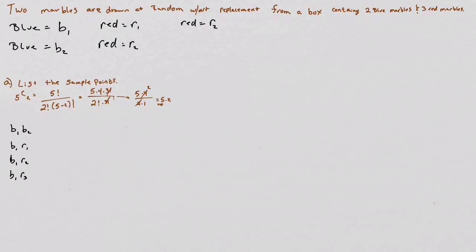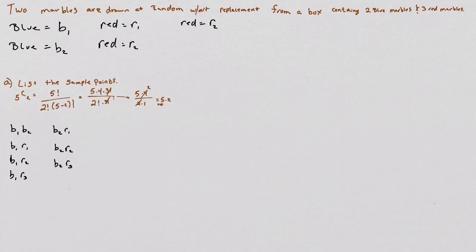So now that I've exhausted all the different possibilities, I'm going to go to blue sub 2. I don't need to do blue sub 1 because I already have it right here, since order doesn't matter. So I'm just going to jump down to the reds: red sub 1, blue sub 2, red sub 2, blue sub 2, red sub 3.